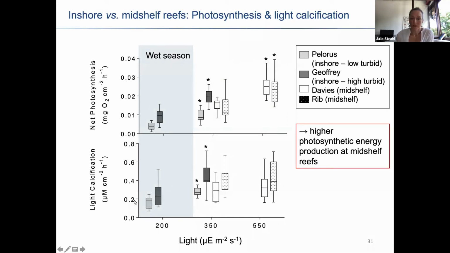But during the wet season, where light is usually strongly diminished and 200 is like an average value, we can assume that both net photosynthesis, so energy gain, as well as light calcification will decrease.